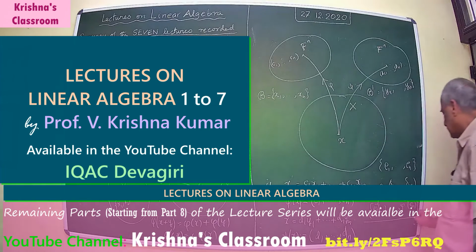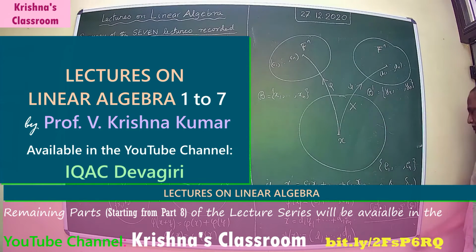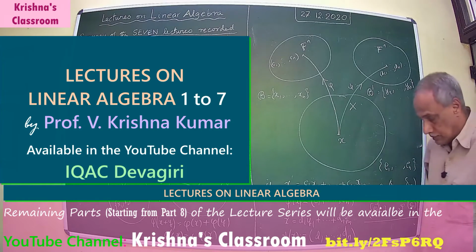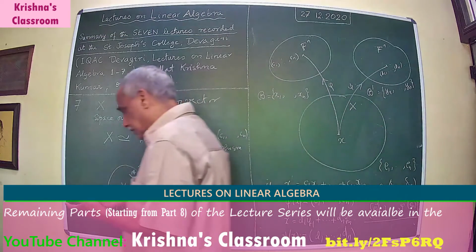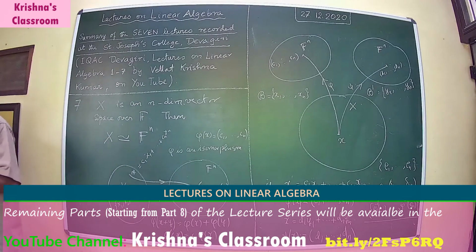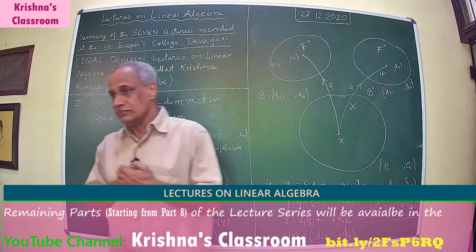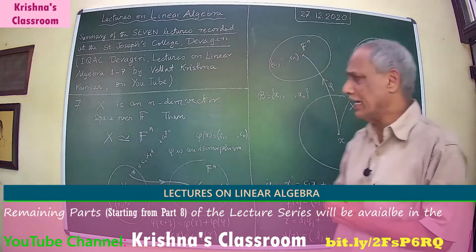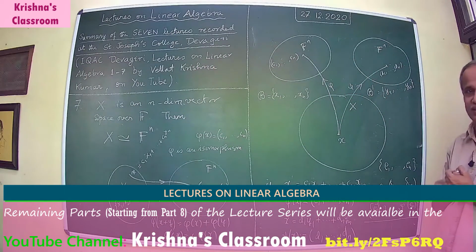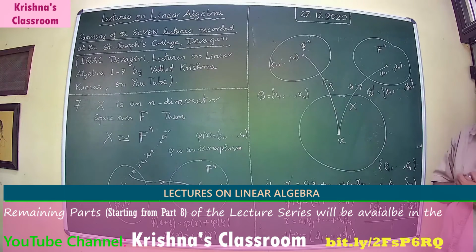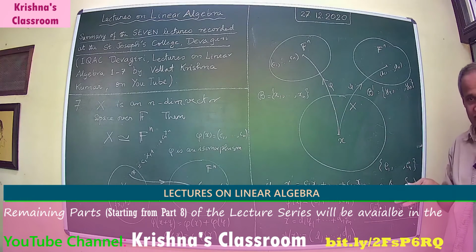One can prove that if phi is an isomorphism, then this is a set of n linearly independent vectors which form a basis for X. Therefore, the concept of isomorphism between X and Fn is equivalent to choosing an ordered basis for X. Once the isomorphism is given, it fixes a certain ordered basis.